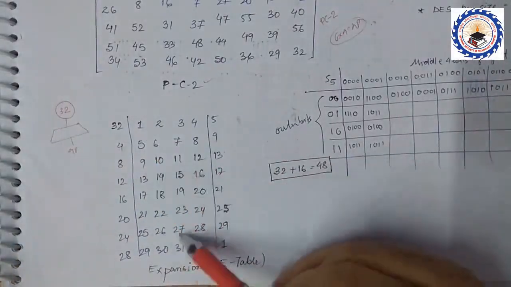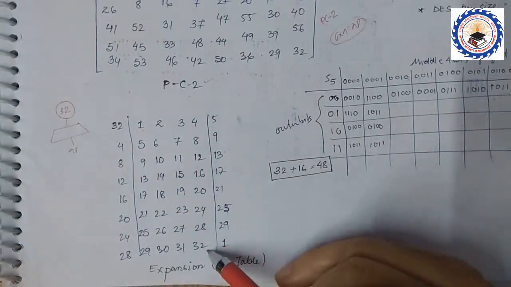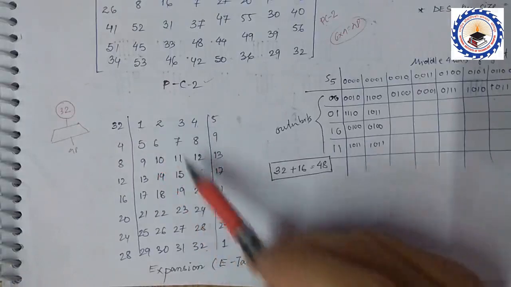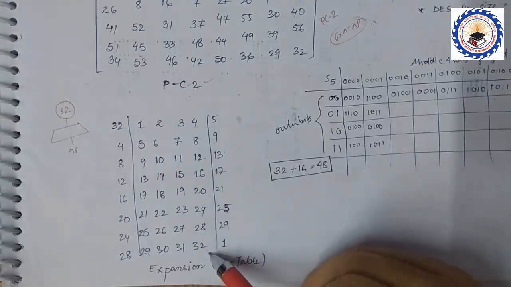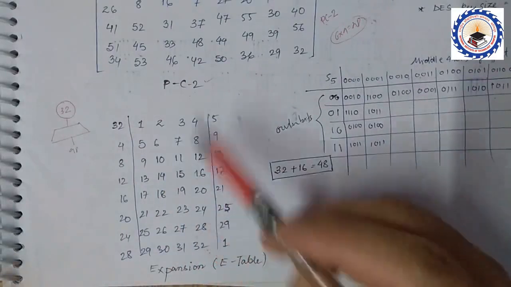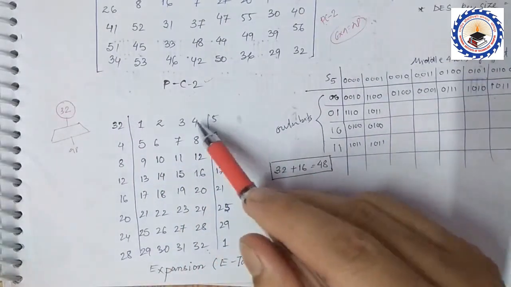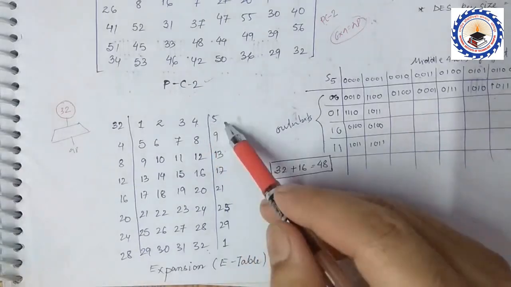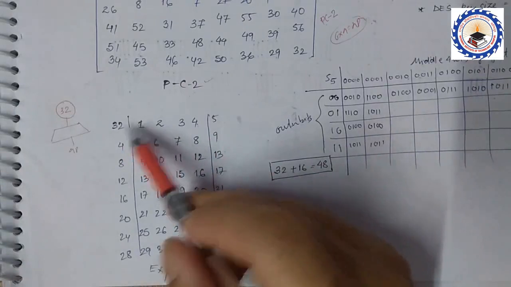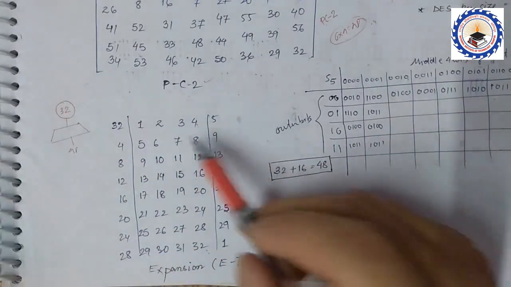We write all the 32 bits here, from 1 to 32, in groups of 4 bits, and then we arrange in this manner. Whatever bit comes after the last one, we write after this column, and whatever bit comes previous to this one, we write before this column here. So what is the bit that comes after 4?